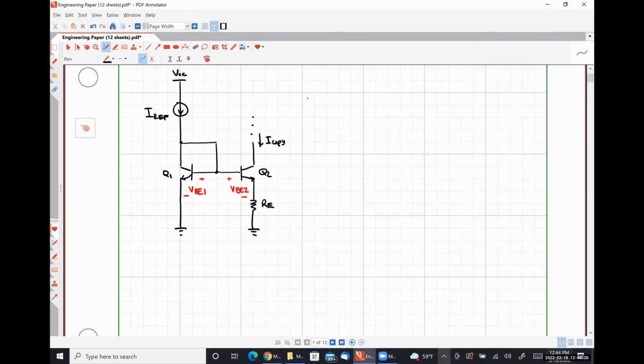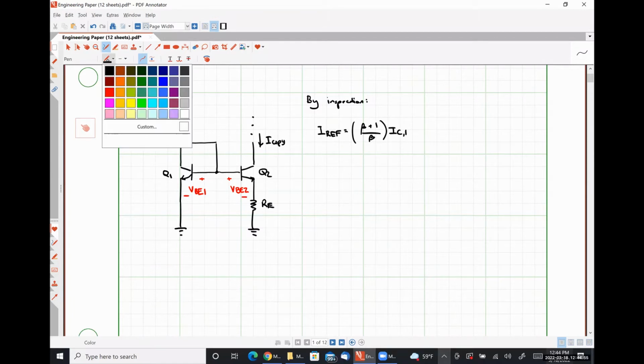So by inspection, we can observe that our reference current, Iref, is beta plus 1 over beta times the collector current for transistor Q1.